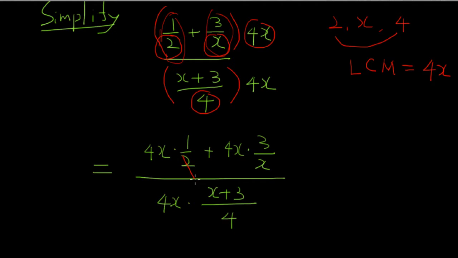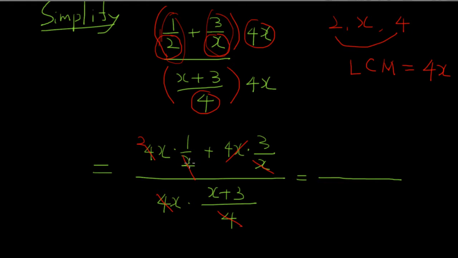This 2 cancels out with 4, becomes 2. This x cancels out with this x. When they cancel, what do they actually become? They become 1 when they cancel, right? So this 4 cancels with this 4. All right, so let's rewrite the result.